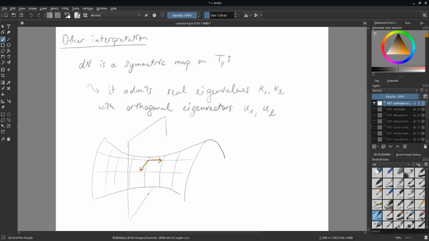Now, what happens is that I can rotate this plane whichever way I want, and I would get a different curvature. But these vectors u1 and u2 are directions at that point. They're the ones that are going to give the largest and the smallest curvature. And so in a sense, they're the most interesting directions to look at for the curvature.